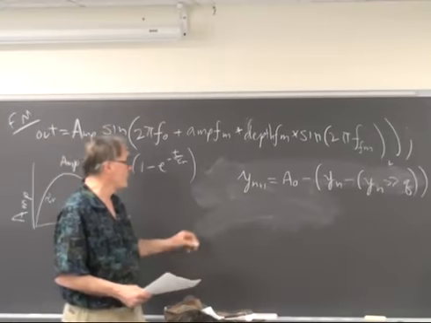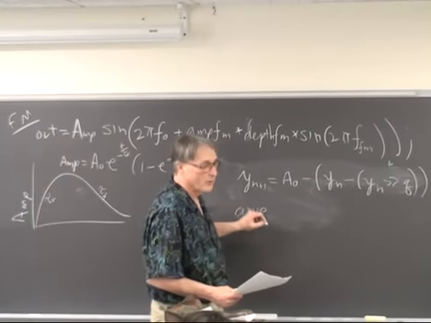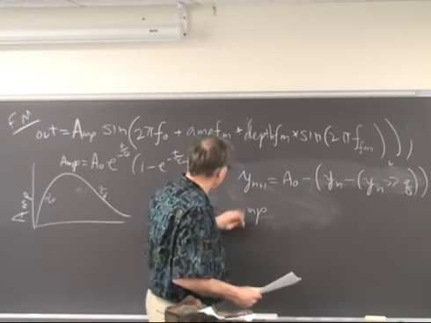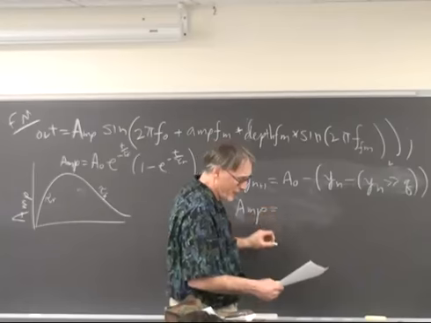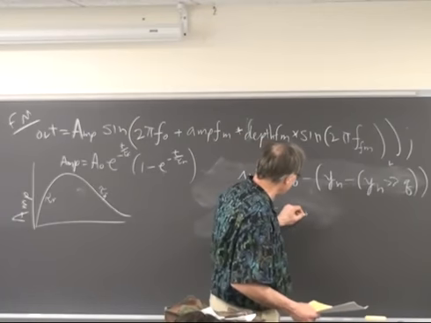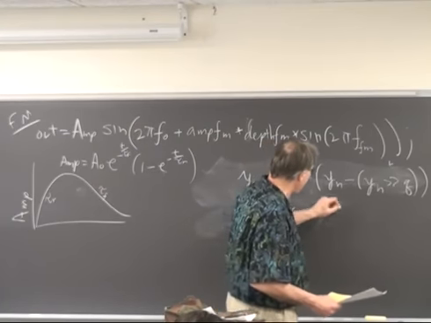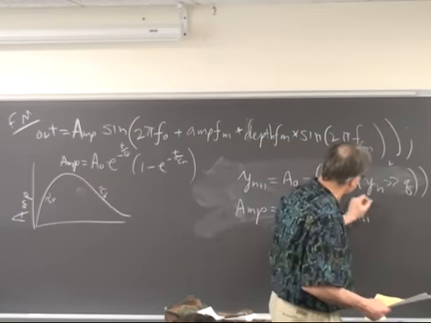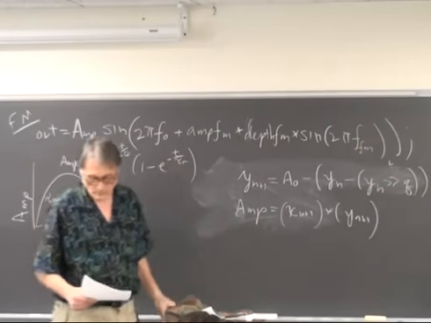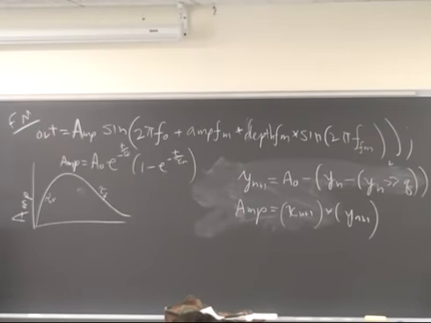And then for the amplitude, here you'll actually have to do a multiply. The amplitude is going to be given by x_(n+1) times y_(n+1). There you will actually have to do a multiply. We want to arrange it so that it's an integer multiply only.